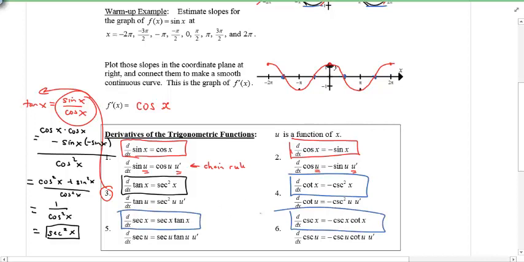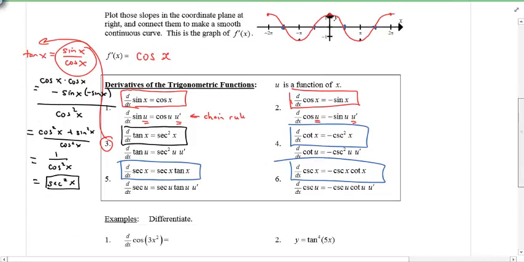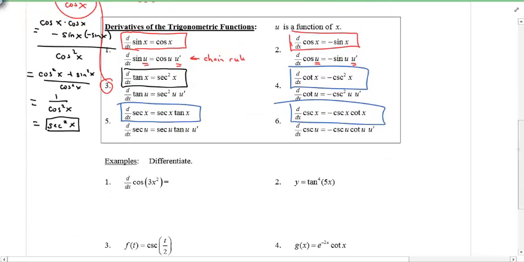Okay. So, knowing that, and you've memorized that, let's go ahead and try to find some derivatives. So d/dx, of course, stands for the derivative with respect to x of cosine of 3x squared. The derivative of cos, we know, is negative sine. So negative sine of the function 3x squared.